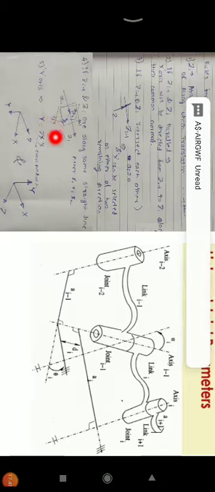This is perpendicular plane 1, perpendicular to Z_i-1 and Z_i, and this will be perpendicular plane 2. It is not clear in the slide, but it is perpendicular plane 2. So the x_1 axis will be contained in plane 1 and the x_2 axis will be contained in plane 2. These will be the probable directions you can consider.